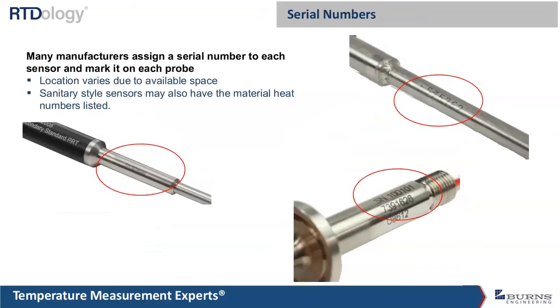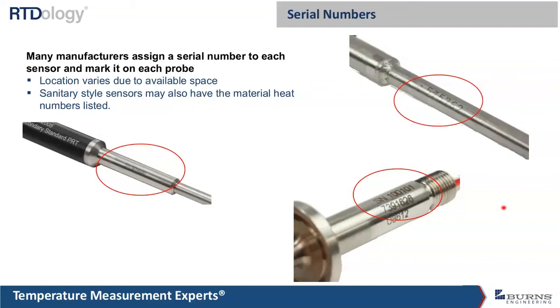Now, a lot of manufacturers are going to put a serial number on the probe, and this is important for traceability, which is why they do it. It also helps them identify the probe when it comes time for replacement. Sometimes they're a little hard to see. This one was electro-etched on here, and it's gotten rubbed off a little bit. They may have been put on with a little vibratory pen, so they might be just scratched in, and those are really hard to see.